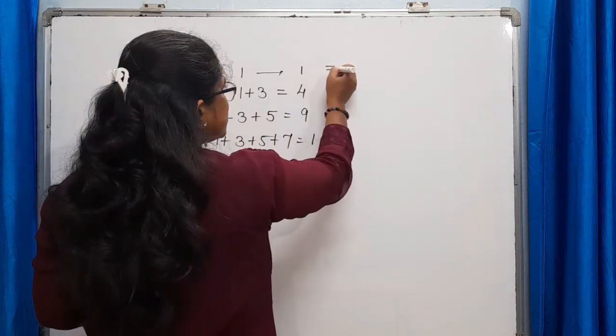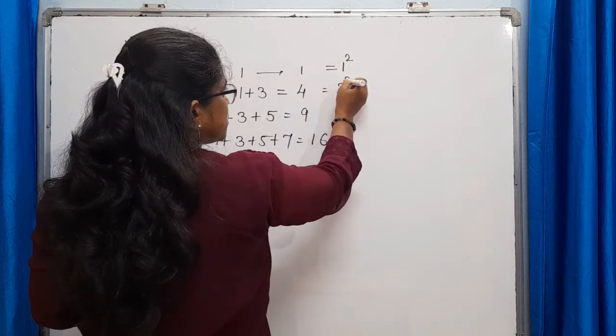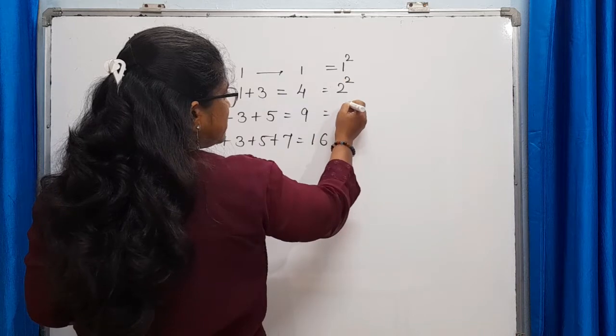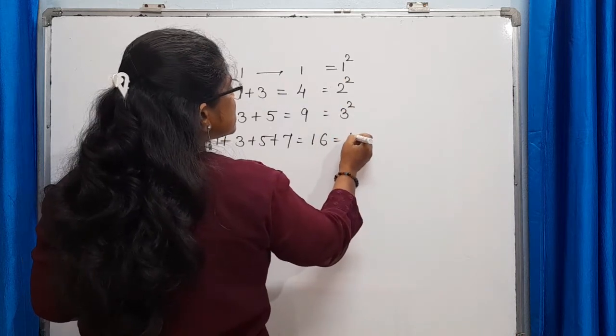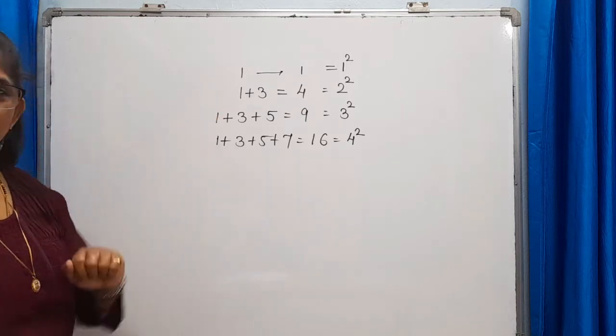Here this 1 is nothing but 1 square. 4 is 2 square. 9 is 3 square. 16 is 4 square.